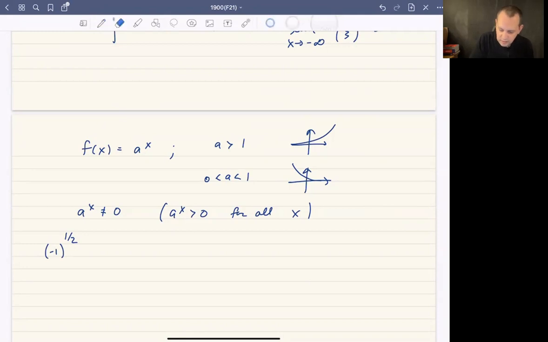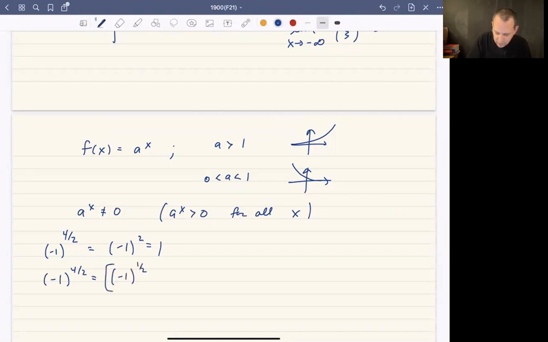But what if you had -1 to the, let's say, 4/2? On the one hand, -1 to the 4/2 is -1 squared, so it should be 1. On the other hand, -1 to the 4/2 is going to be the square root of -1 to the 4th, and so that's going to be undefined. I mean, we can talk about complex analysis if we want, but that's not my intention here. We're not going to do that in this course.